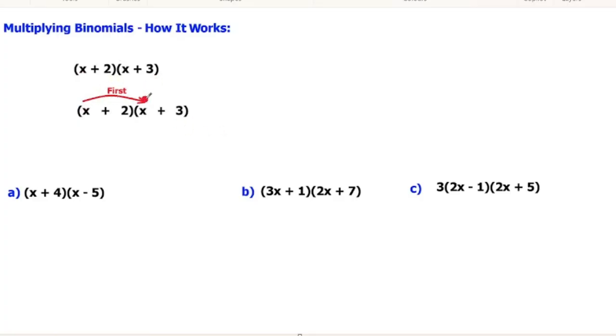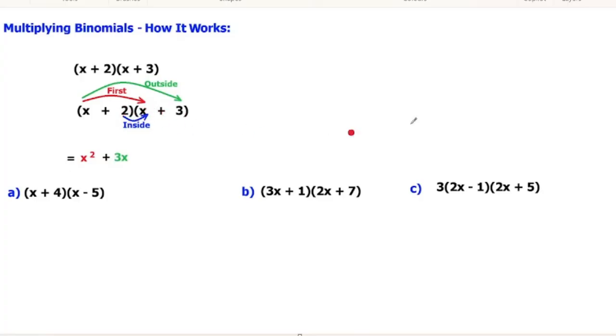You multiply the first term. That equals x squared, so x times x equals x squared. Then you multiply the outside term, x with 3, so that equals 3x. Then you multiply the inside terms, okay?